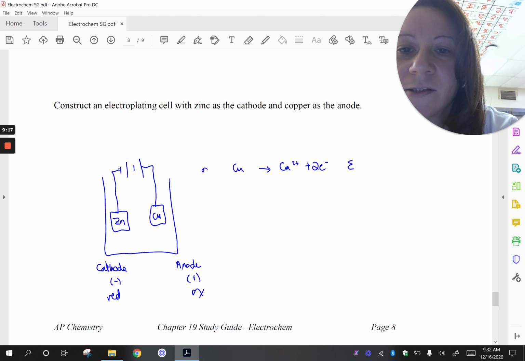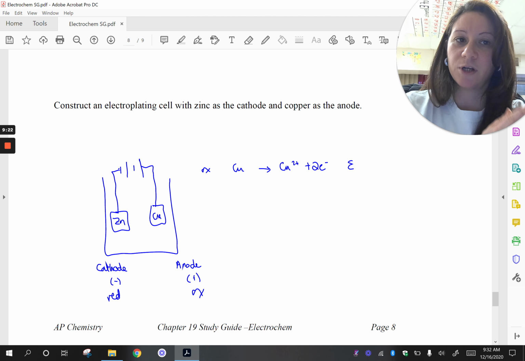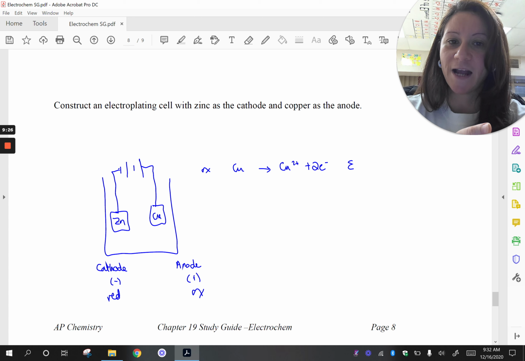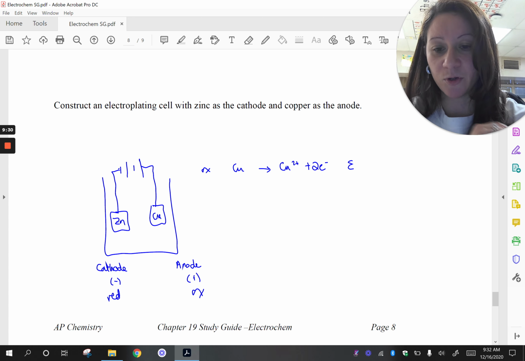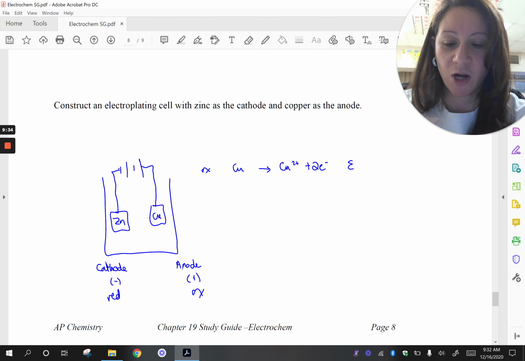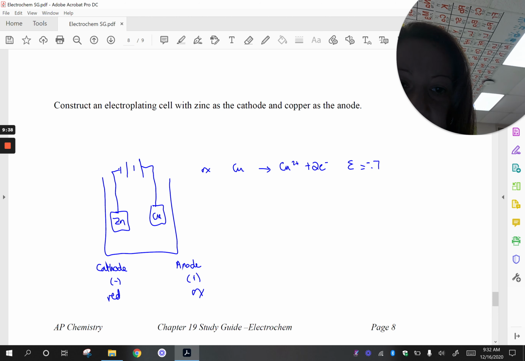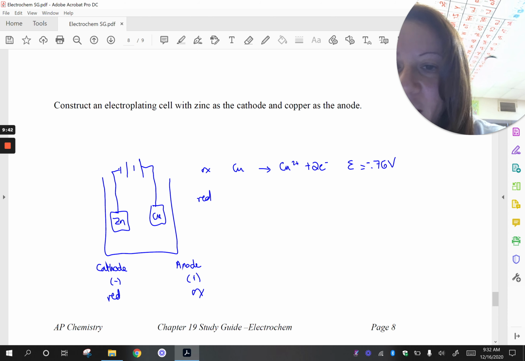So because this is oxidation, we've flipped the reaction. So when we look at our reduction potentials, our tables, because we flipped the reaction to make it oxidation, we're going to flip the potential as well. So the reduction of copper is normally positive 0.76 volts. The oxidation of copper would be negative 0.76 volts.